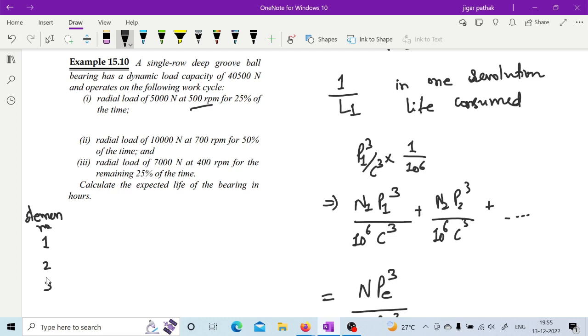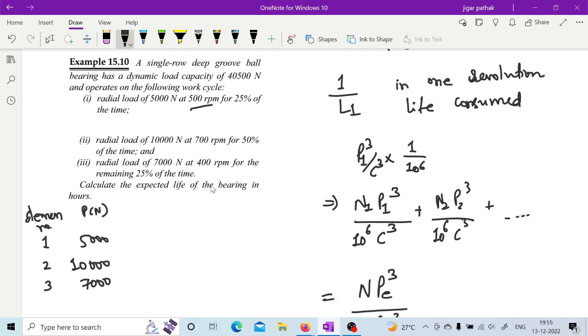So first we note down the loads, that is 5,000, 10,000 and 7,000.